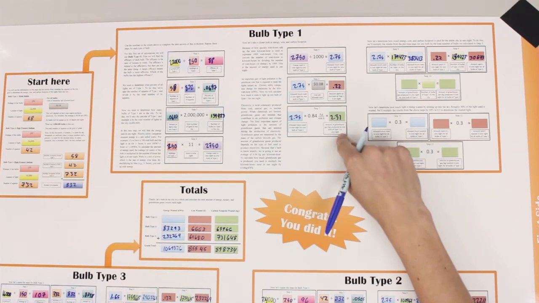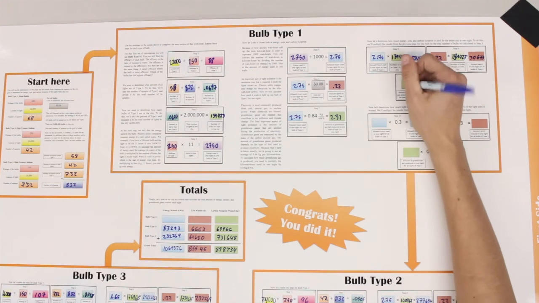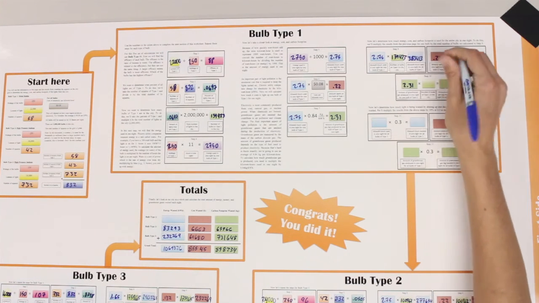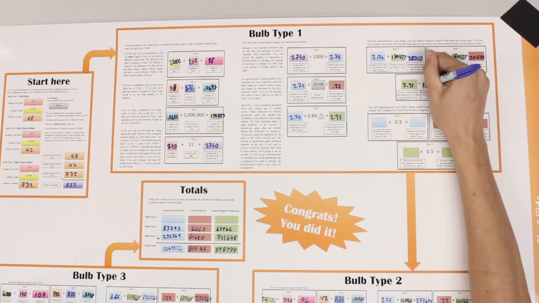In this box here, take the corresponding color from step 7 and plug it in. Again, put the total number of bulbs to find the total amount of CO2 produced.